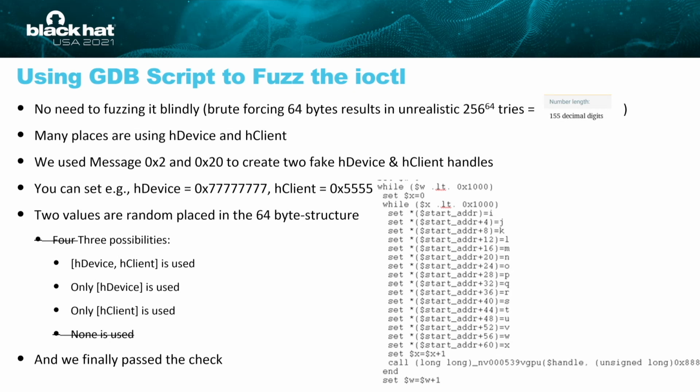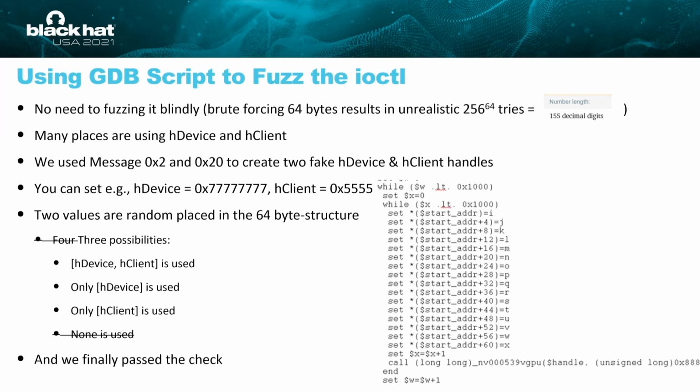Through the messages 0x2 and 0x20, we can create 2 handles. The values are manually specified by us. We know that these 2 handles are often used by message handlers. So after we created these 2 handles, we wrote a huge loop in the GDB script. The loop will randomly set the value of each field from a set of fixed values, such as 0, 1, 0x100, and 0x7FFFF, and including those 2 handle values.